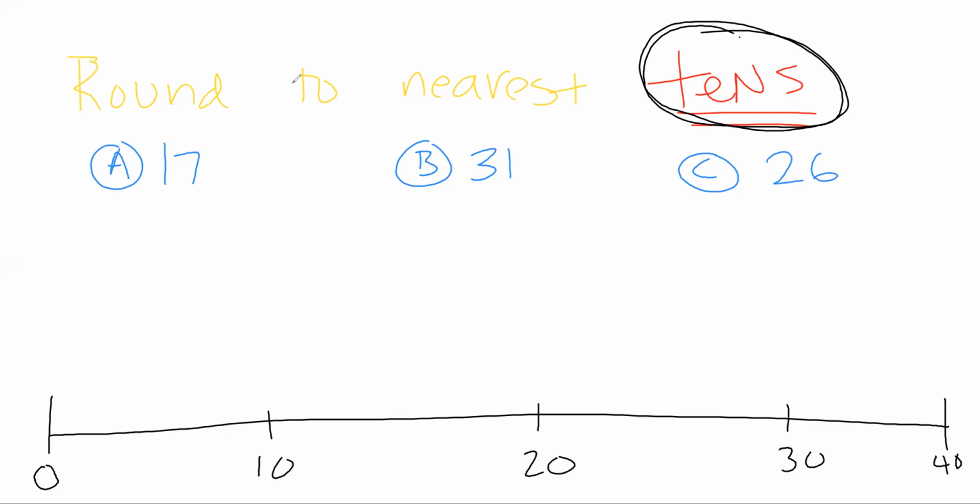So 1, 2, 3, 4, 5, 6, 7, 8, 9, 10, 11, 12, 13, 14, 15, 16, 17, 18, 19, 20, and on up through 37, 38, 39, and then 40.